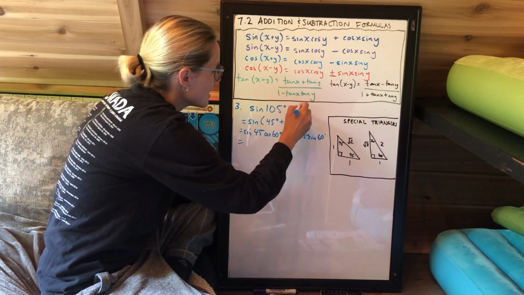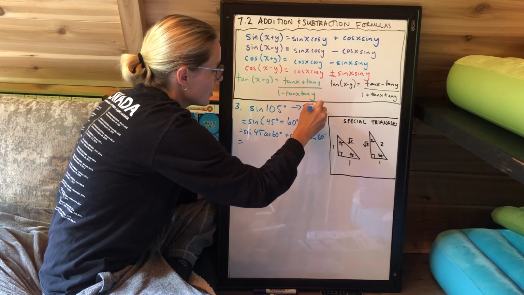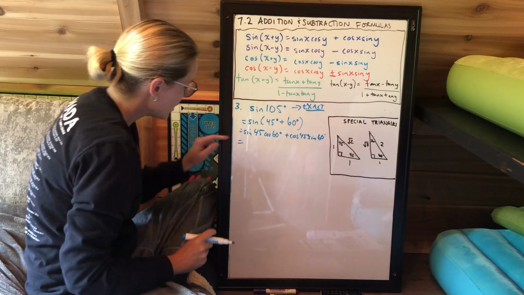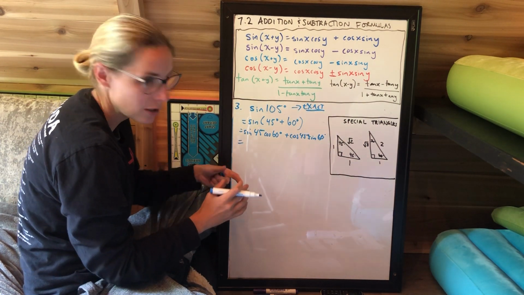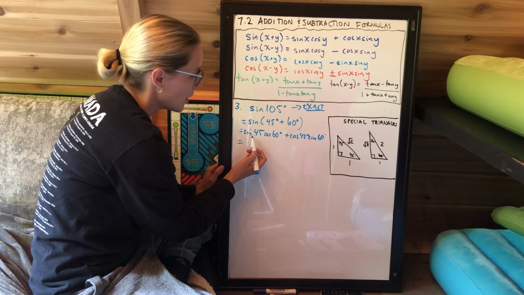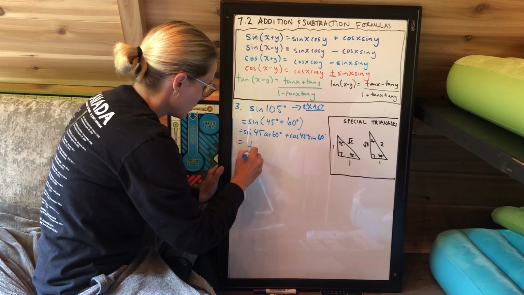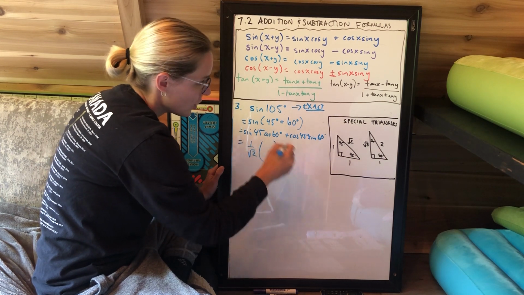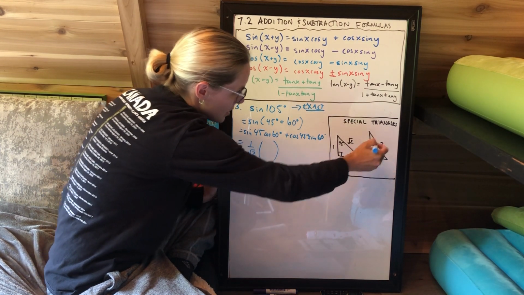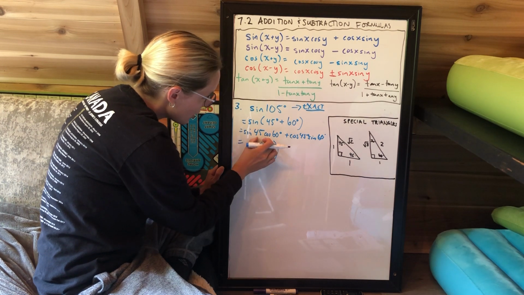I want to find the exact. The key of this is the word exact. I want to find the exact answer. I've got to reference my special triangles and find them all. So I have to go, what is sine 45? Sine of 45 is 1 over root 2. This is all grade 11 work. What is cosine of 60? Cosine of 60 is 1 over 2. These two things are being multiplied.